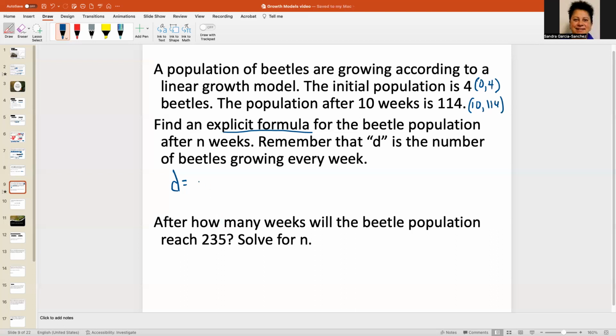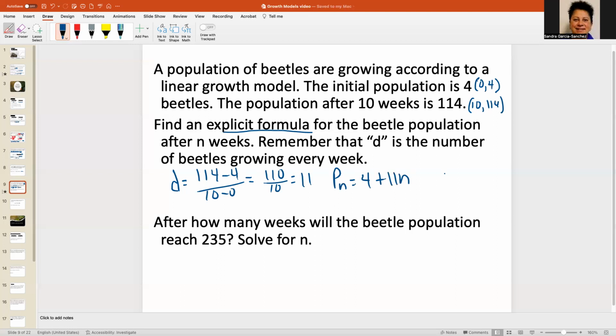So we subtract 114 minus 4 divided by 10 minus 0. That will give you 110 divided by 10, and this is 11 beetles per week. That would be our D. So the explicit formula would be P sub n equal to 4 plus 11n.